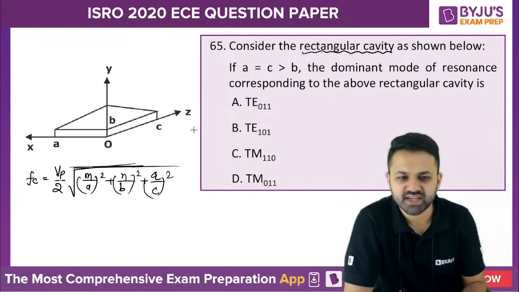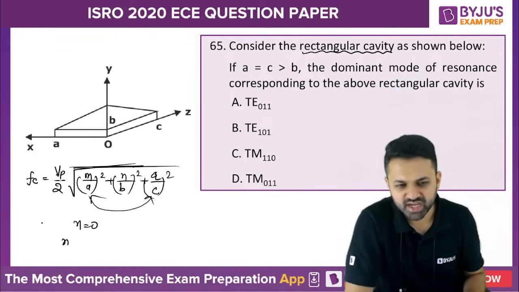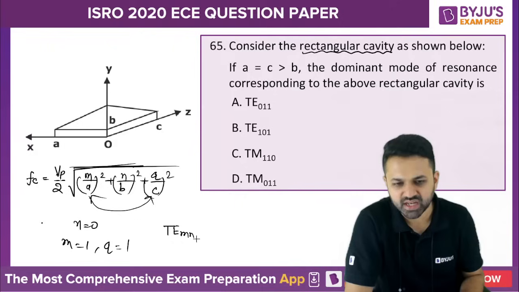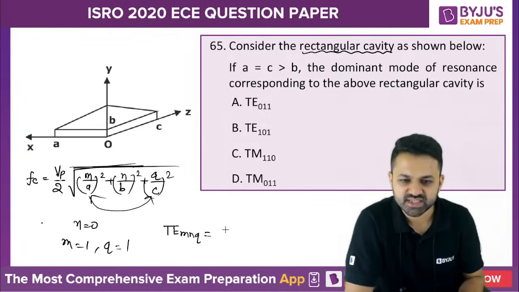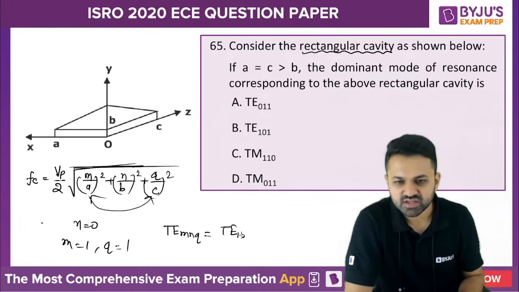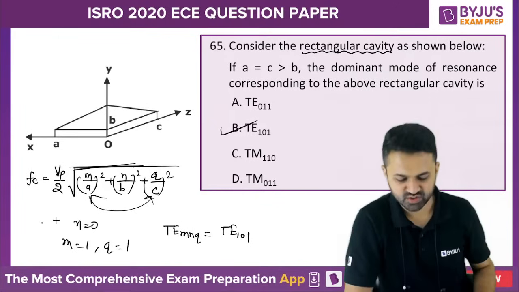Because a and c are the same and b is minimum, for b minimum we have to choose n as 0, m equal to 1 and q equal to 1. So this is the cavity with the TE mode indices m, n and p. So that is 101. That is the right answer. Option B will be the right answer, Chinmay. 101.